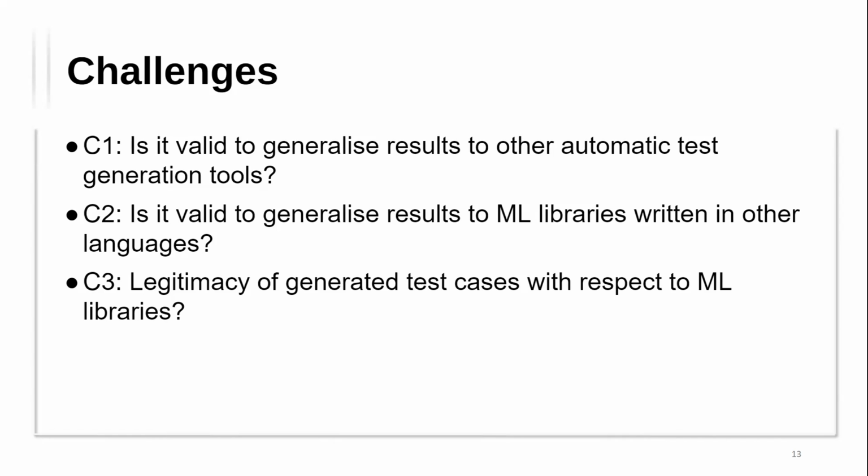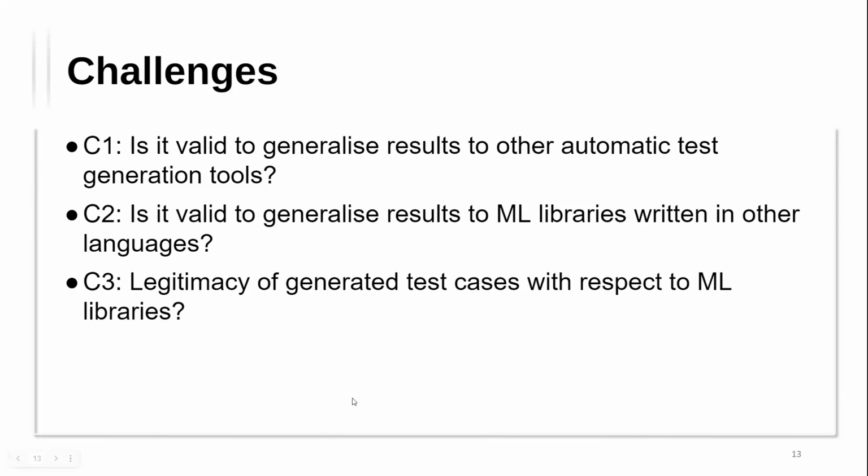But in practice, in some companies like Shopee and Facebook, people still write test cases manually, because those test cases include high-level semantic information. So I'm also very curious about the legitimacy. Okay. So let's keep going on.